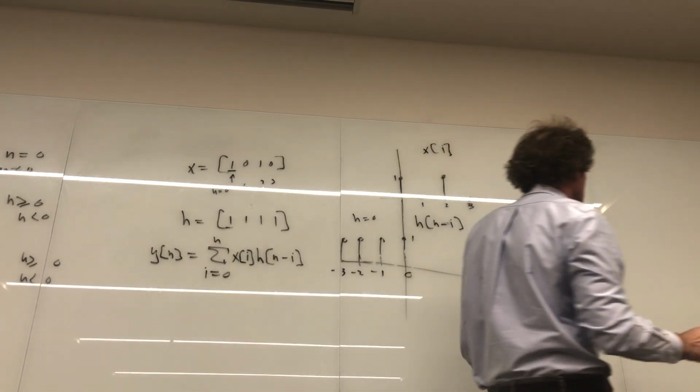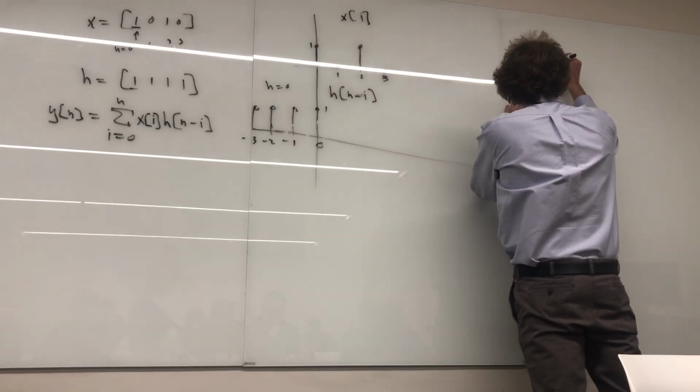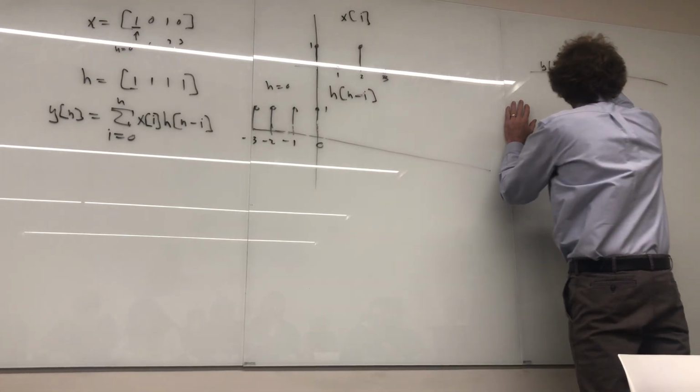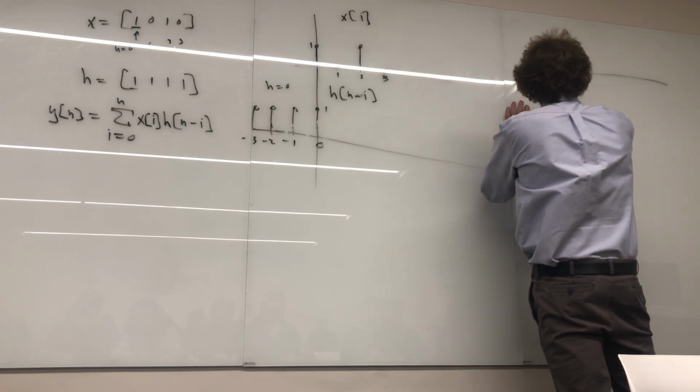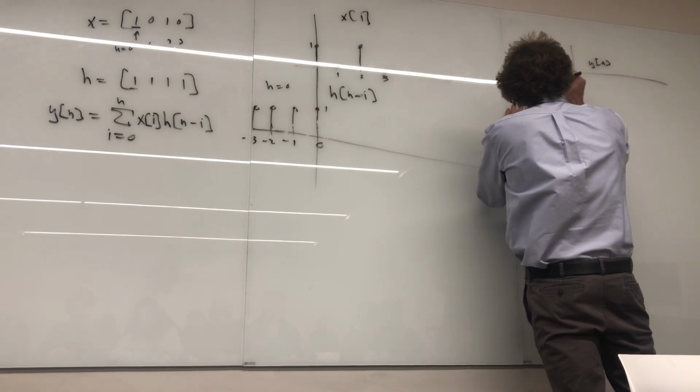That's what the sum looks like. I go over here, and here's what I'm going to do. Put my y of n here, and n here.